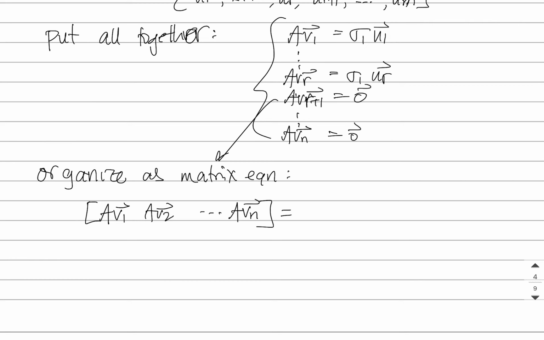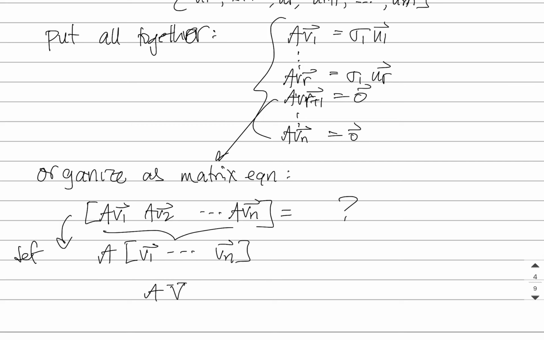And then on the other side, we need to figure out what we're going to write down. Now, before we get going, this, by definition of a matrix product, is going to be this. And you should be able to see that this is the product A times V. Now, A is our original m by n matrix, and this was the n by n orthogonal matrix that we got from the orthogonal diagonalization of G. So that's fine there.